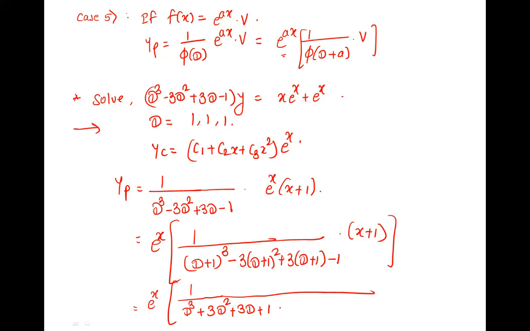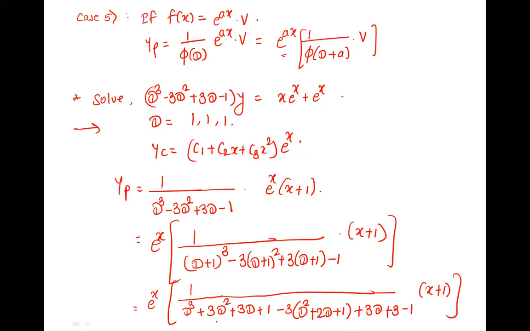Minus 3 into this square: d square plus 2d plus 1, plus 3d plus 3 minus 1, on x plus 1.